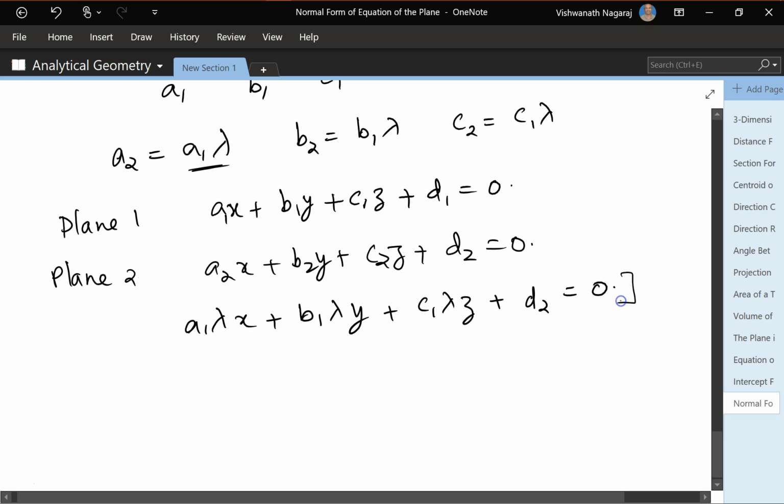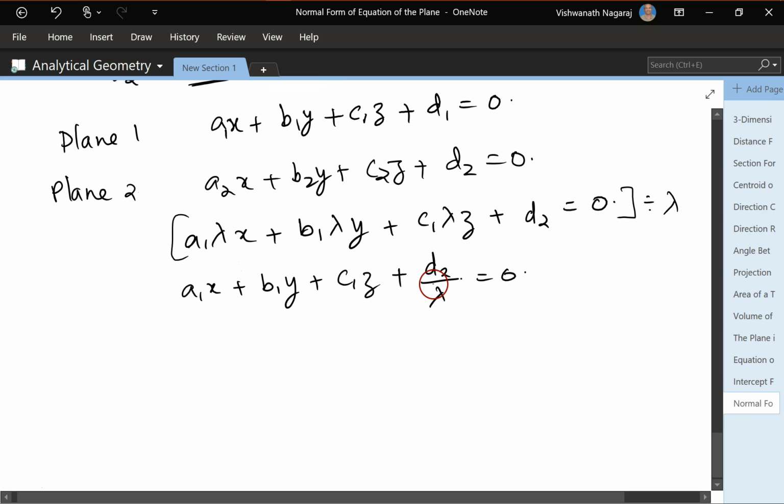So what do we do? Divide this entire thing by lambda. We will be left with a1x plus b1y plus c1z plus d2 by lambda equal to 0. This d2 by lambda is a constant, right?